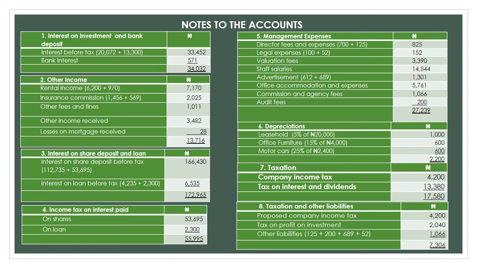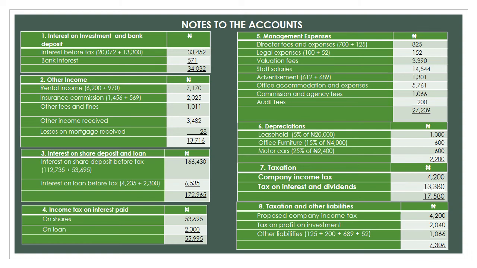The next item is valuation fees, which doesn't have any information. The total paid for legal valuation fees is 3,390. The next item is salaries, which is 14,544.